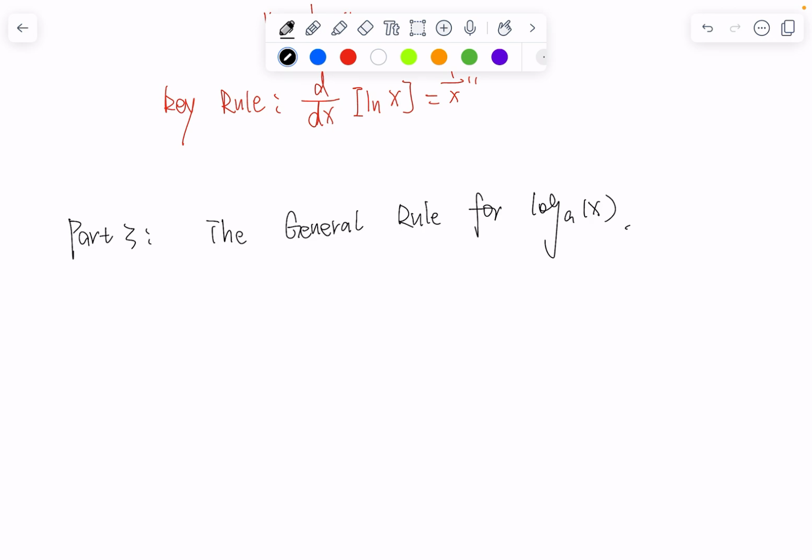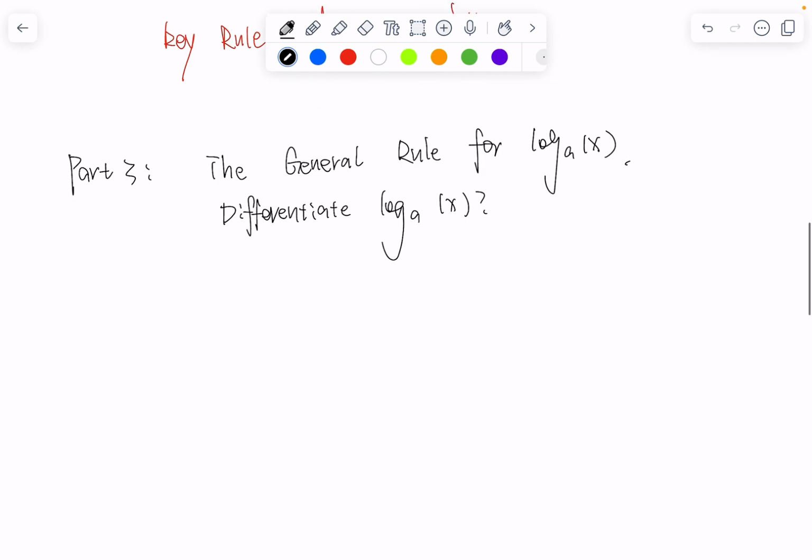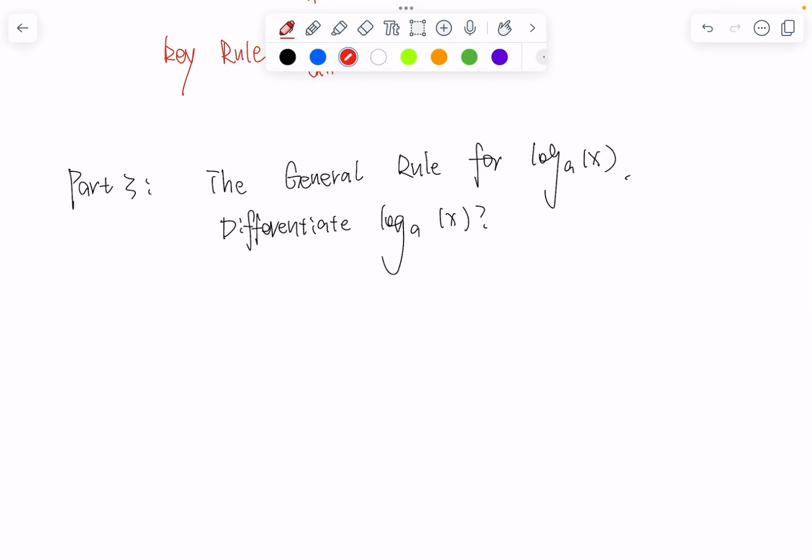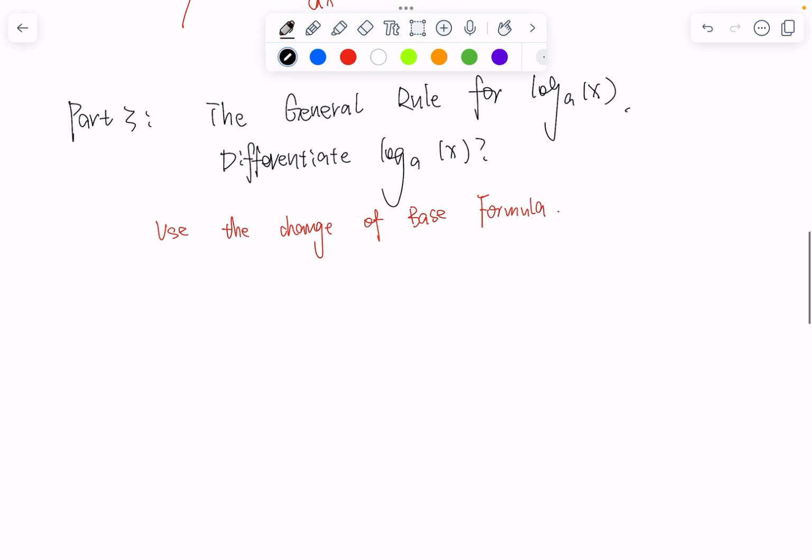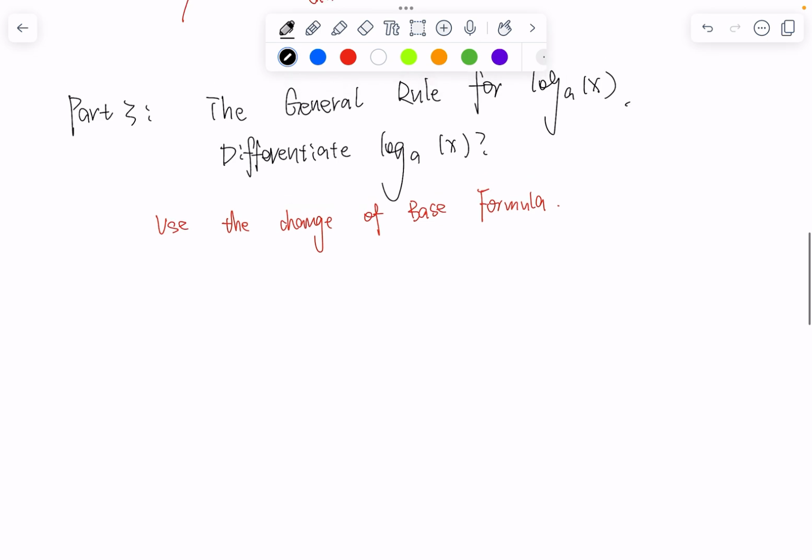How do we differentiate log base a of x? The strategy is brilliant. We use the change of base formula to turn any logarithm into a natural logarithm, which we know how to handle.